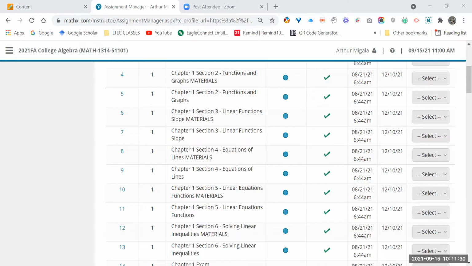The graph of the function h of x is shown. Find the function values h of 3, h of 5, and h of 6. So what does that tell me? What does h of 3 tell me to start off? This is a function. Whatever's inside the parentheses is which value?